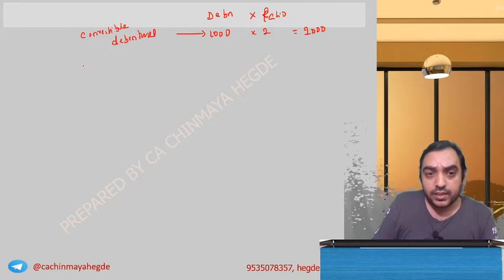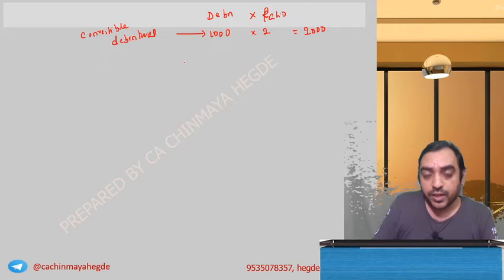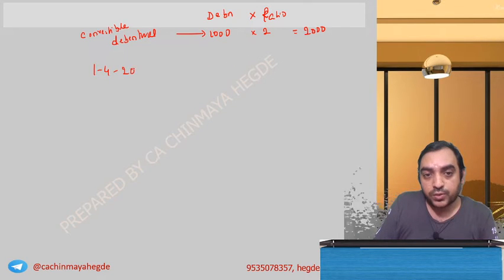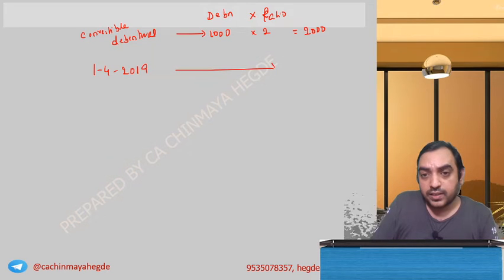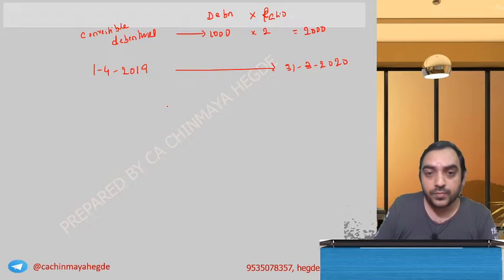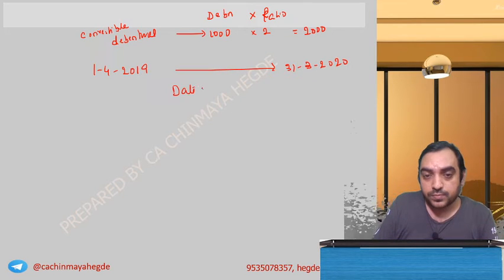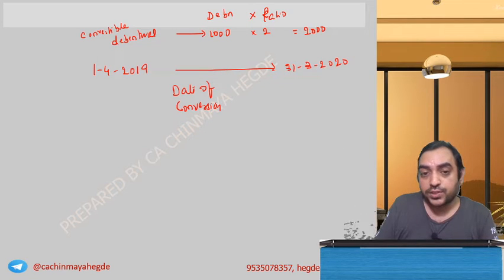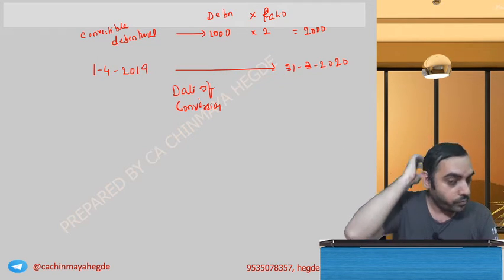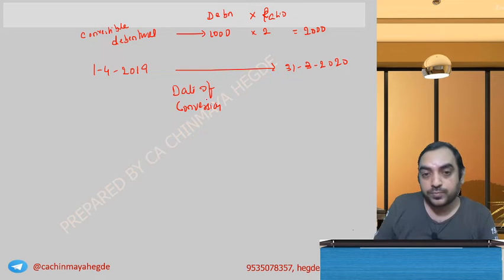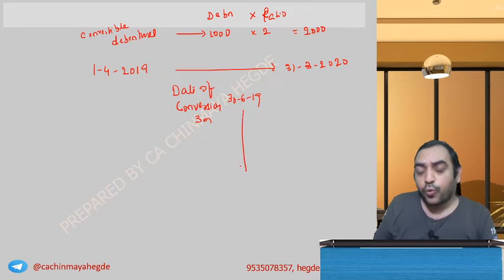And let's say the year is April to March, 1st of April 2019 till 31st of March 2020. Date of conversion is, let's say, 30th of June, 3 months. So what will be its nature?